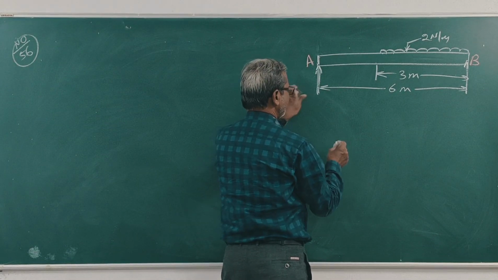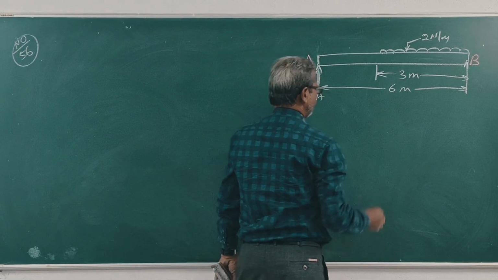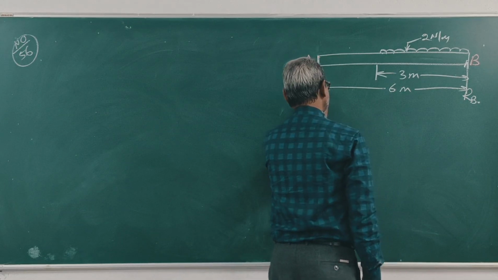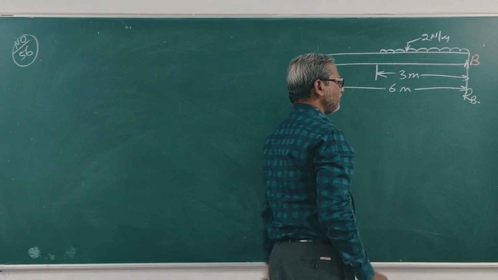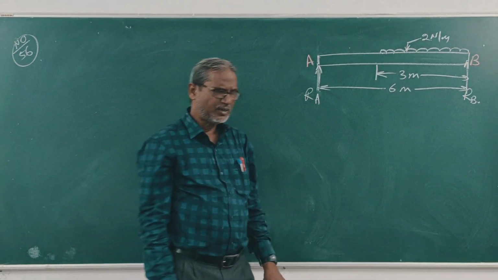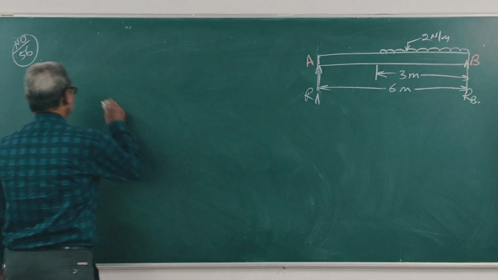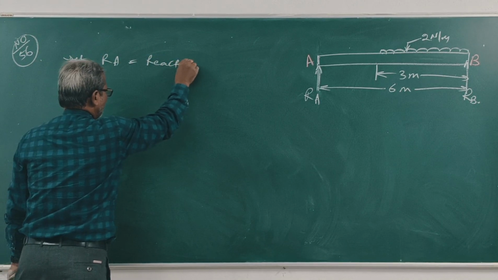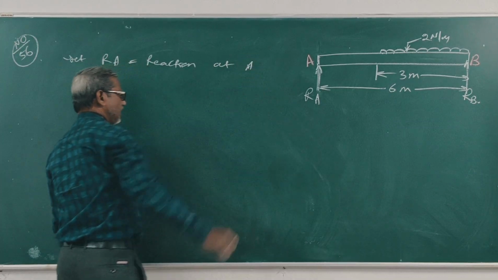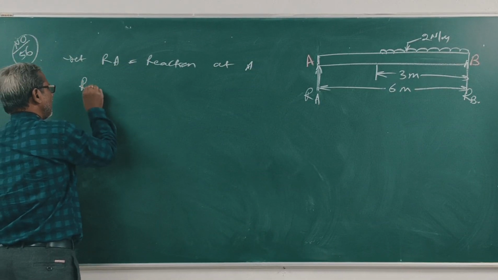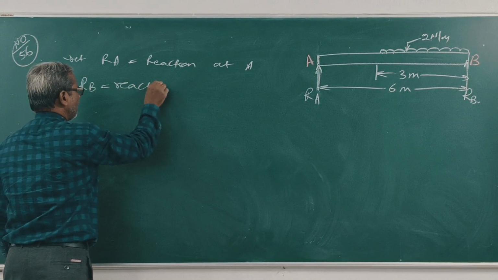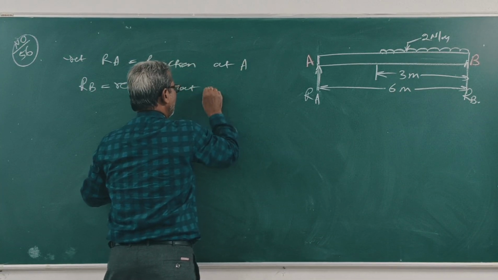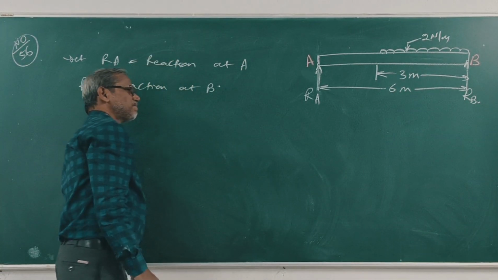This is RA, RB. Let RA be the reaction at A, and let RB be the reaction at B. Clear?